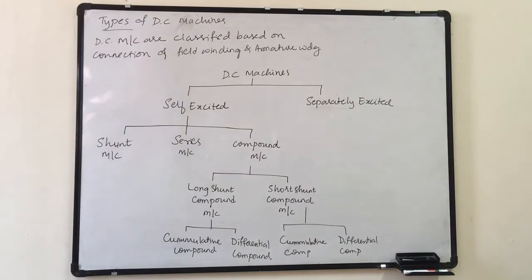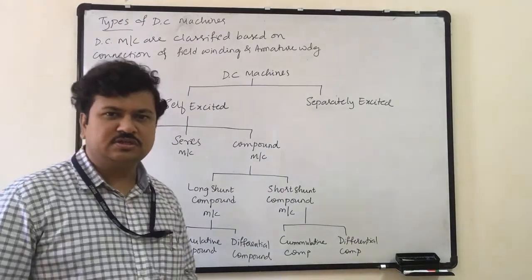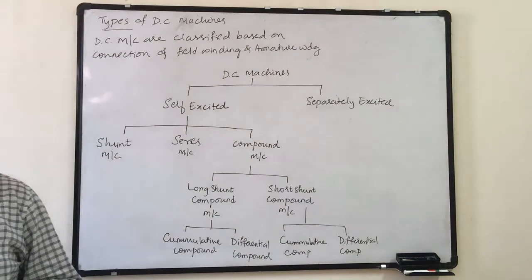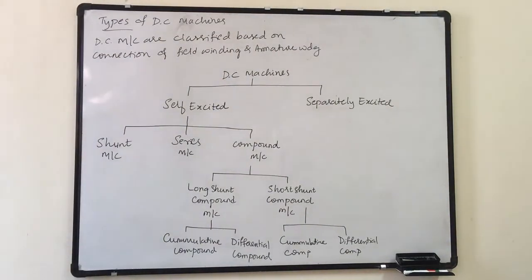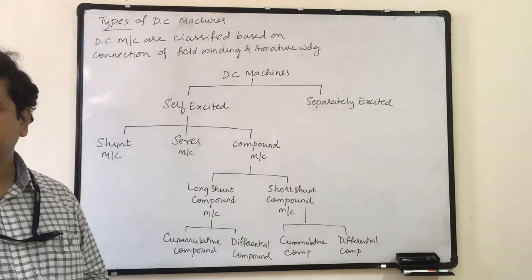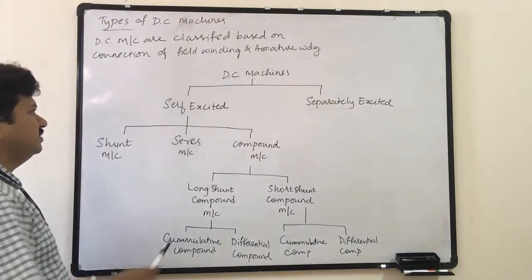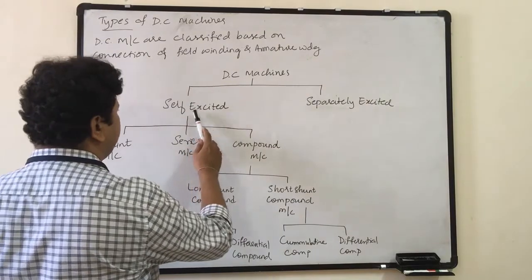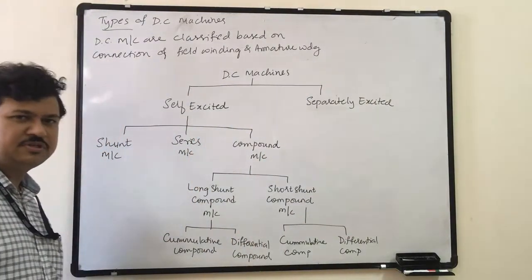Basically, we briefly discussed in the last class that the classification is not based on the construction. The classification is purely based on the type of connection by which I connect the field winding and the armature winding. Based on that, DC machines can be classified as self-excited machines and separately excited machines.